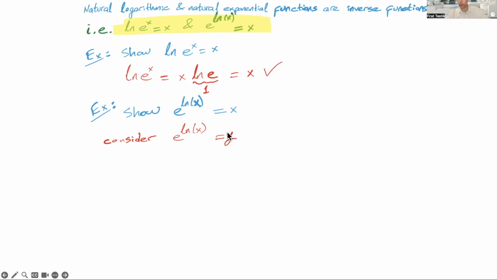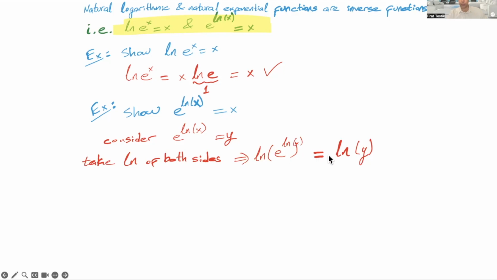Basically, we just need to show that y is equal to x. If we can show that, then we prove this equality. Now, what you need to do is take the natural logarithm of both sides. So natural logarithm of e to the ln x is equal to natural logarithm of y.